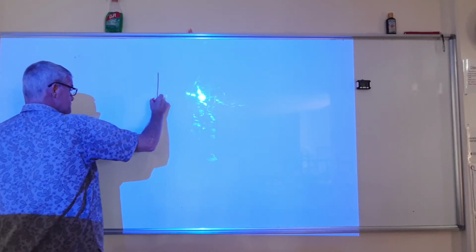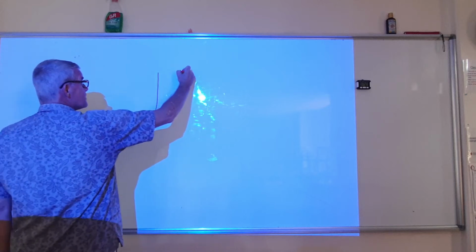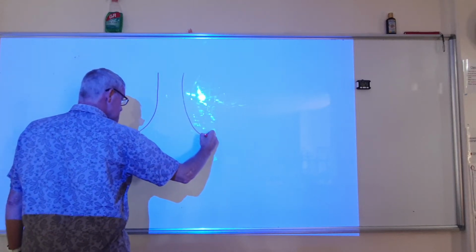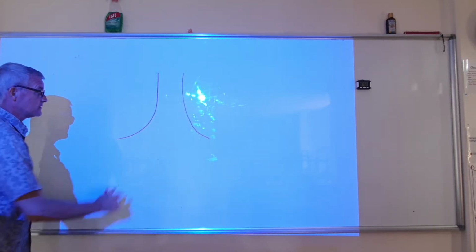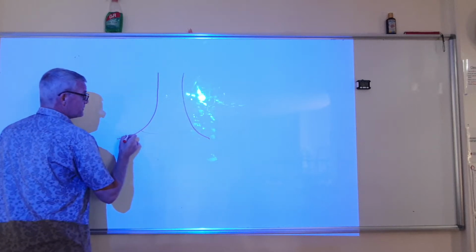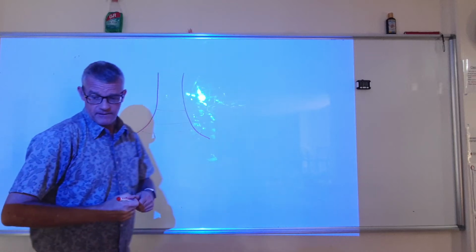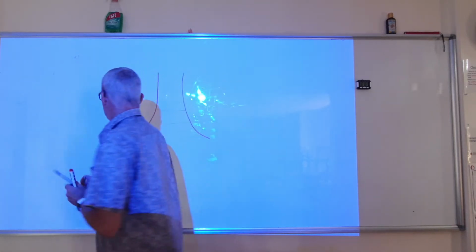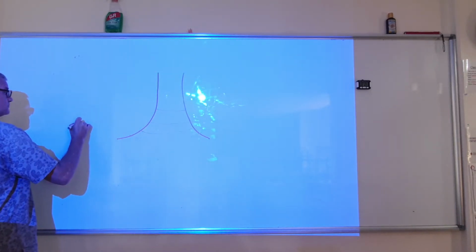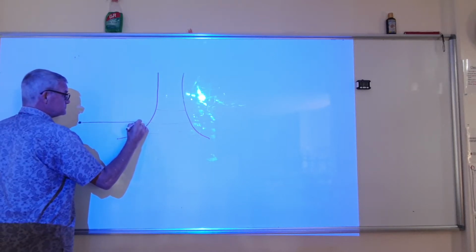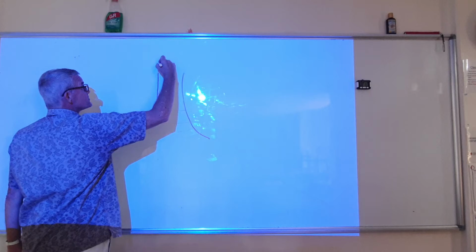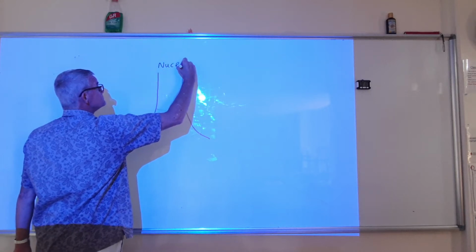If a particle is moving, and we have a nucleus in the middle, and this is representing it, you can look at the pictures in your book. We have the alpha particles, and when they enter, this represents the nucleus.